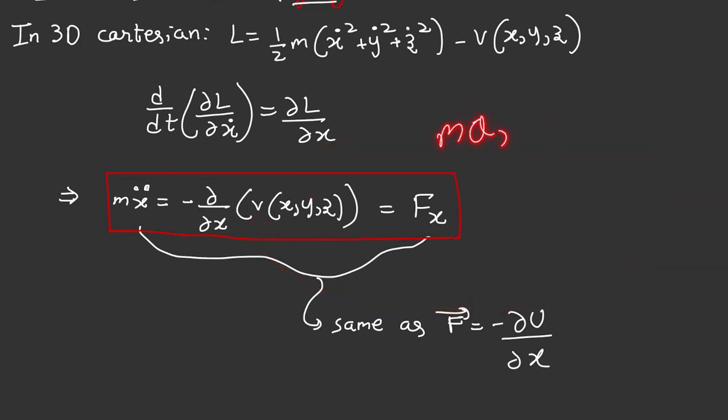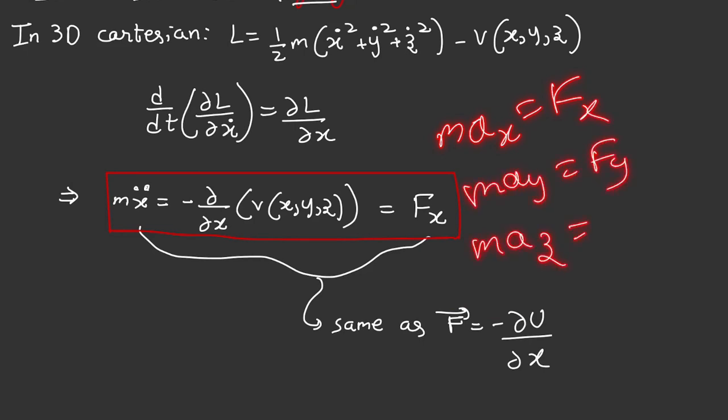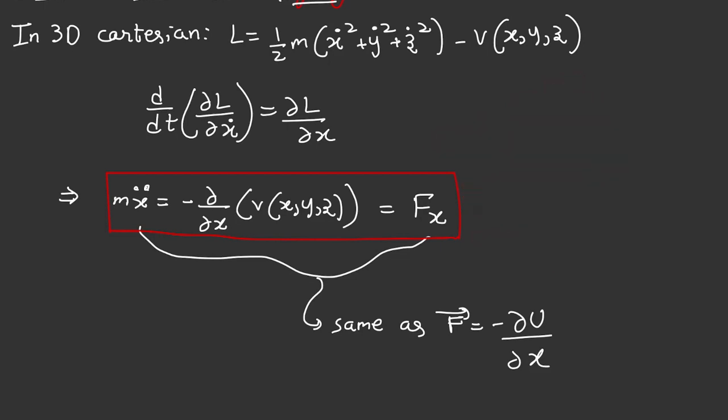So this is nothing but just saying m a x is Fx, m a y is Fy, m a z is Fz, which is kind of obvious from Newton's laws. But this illustrates the point that there is nothing new in the Lagrangian technique. It's essentially the same as F equal to ma. So we are not doing anything new.